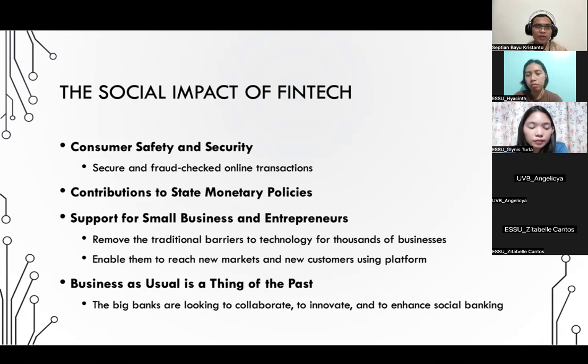So they can remove the traditional barriers using technology, and help small entrepreneurs and small businessmen access financial services. Maybe they can go not through the bank, but through another financial sector, and they can reach new markets and get new customers, especially young customers using the platforms.